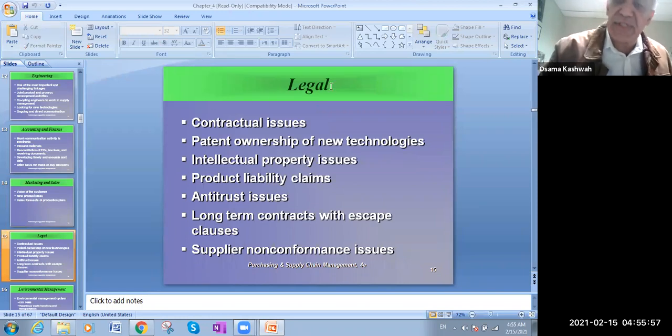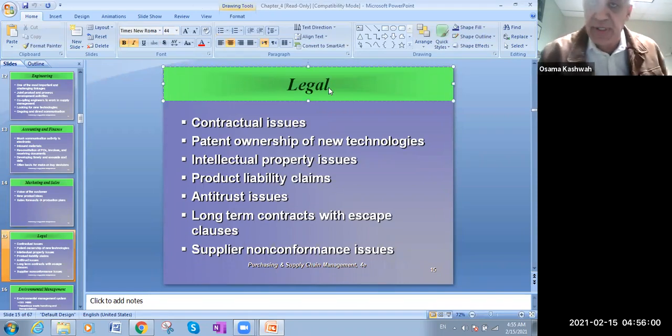Also, legal considerations are very important in this aspect.